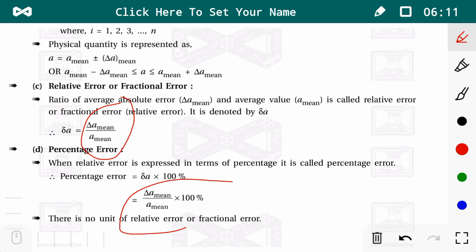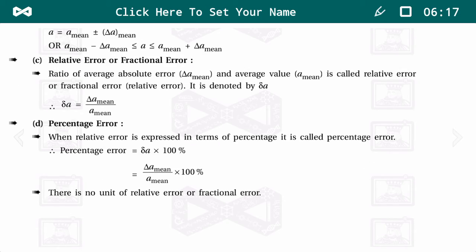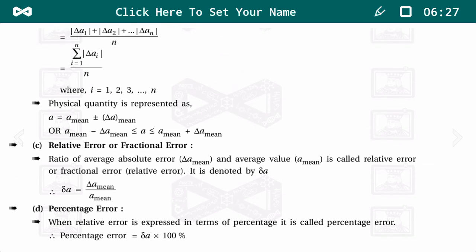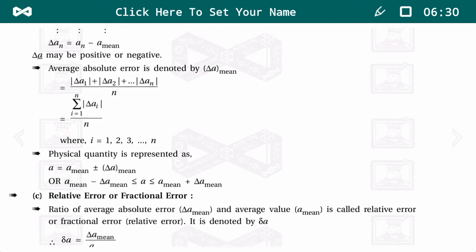Now, two important points: absolute error can be negative or positive, but average absolute error must be positive.